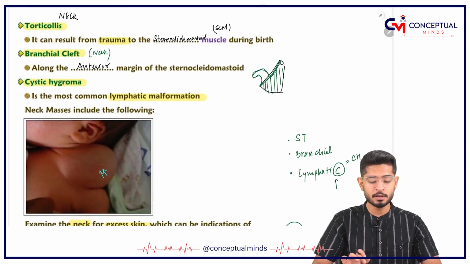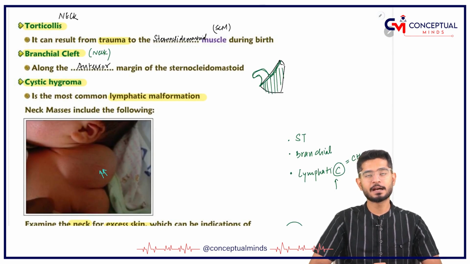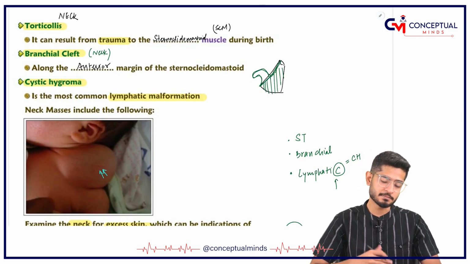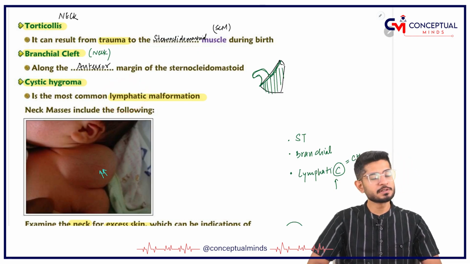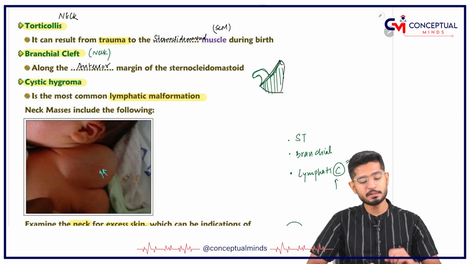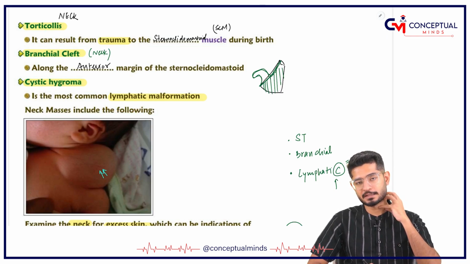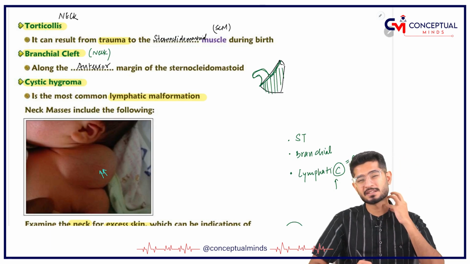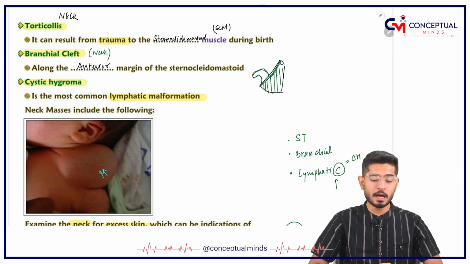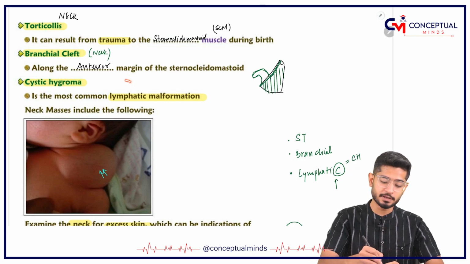What is cystic hygroma? What happens, my dear friends, is that sometimes in infants, the lymphatics are not formed properly. Because the lymphatics are not formed properly, a swelling develops in this part, and this swelling is called cystic hygroma because it's a cyst-like swelling that occurs because of the lymphatic malformation.